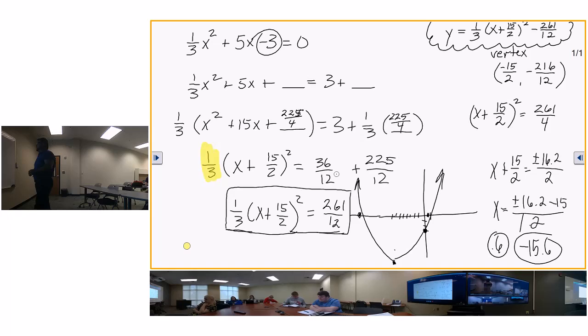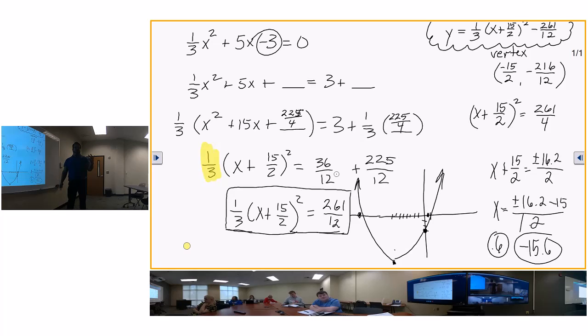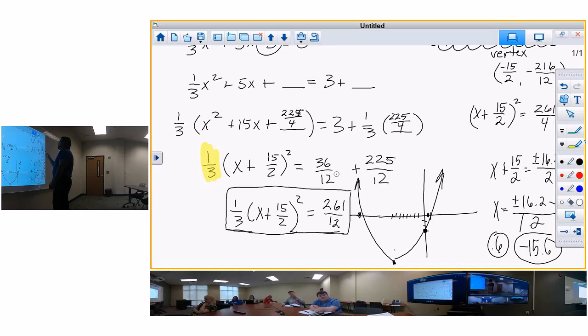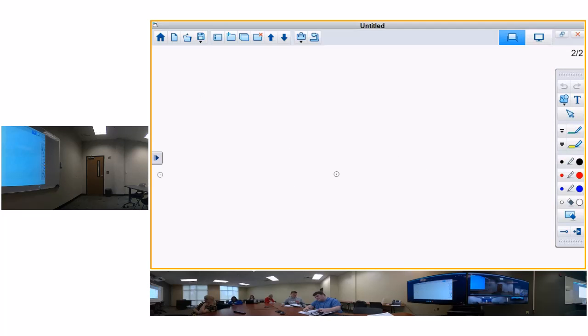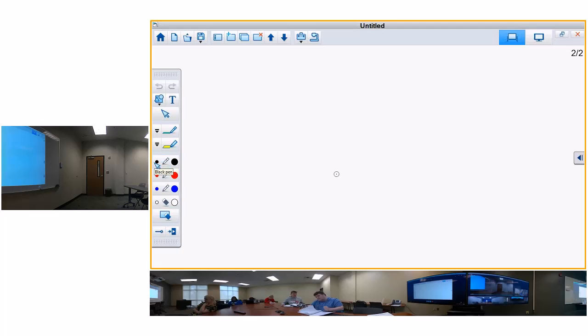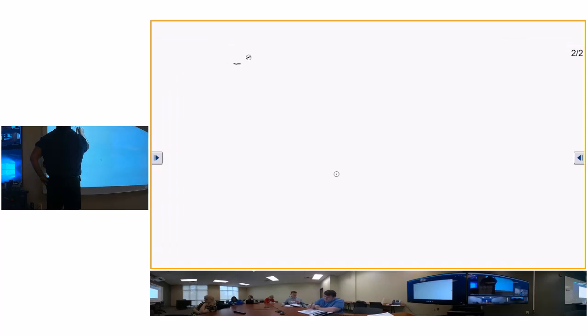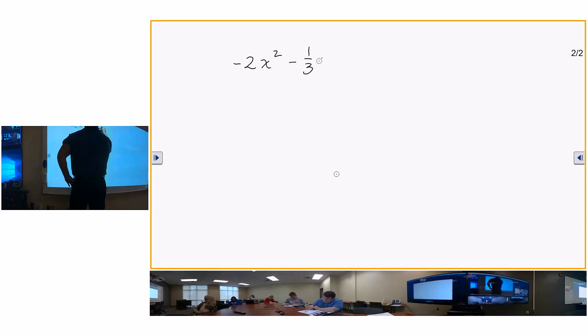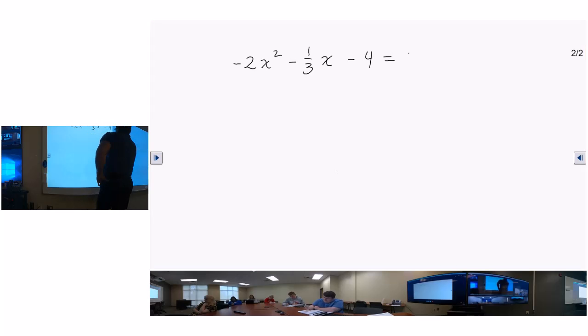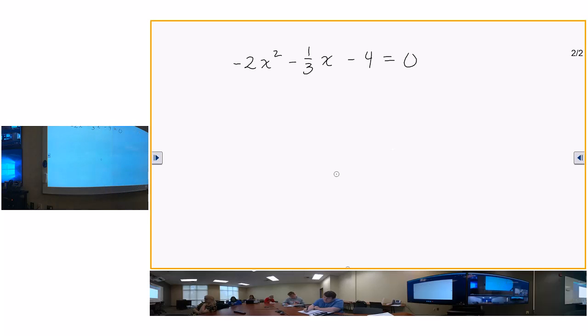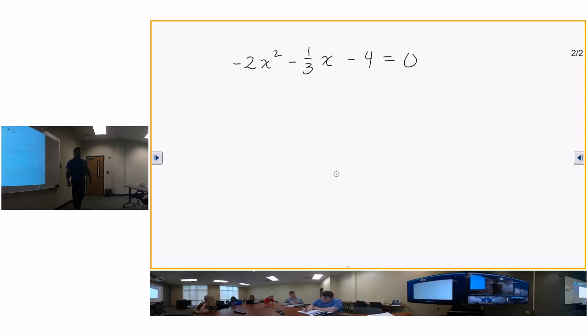All right. Now let's move to a 7 and an 8. So here we go. Let's go with -2 x squared minus 1/3 x minus 4 is equal to 0. All right, work that one out.